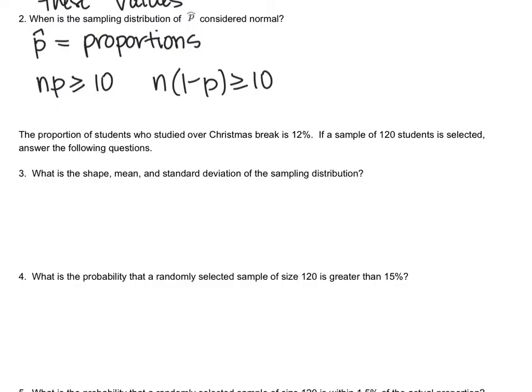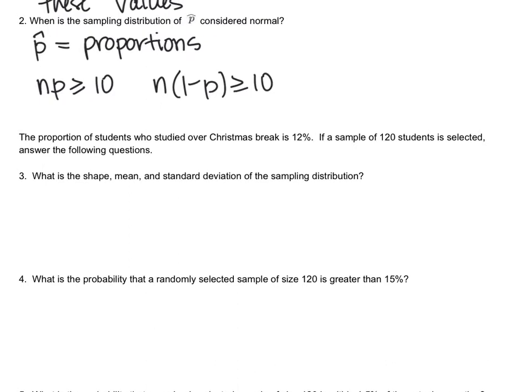So the first thing we need to do is make sure it's normal. So to check to see if our sampling distribution is normal, we use that formula from problem 2. So n is 120, p is our 0.12, and we want to make sure it's greater than or equal to 10, and 120 times 0.12 is 14.4, so we're good there.